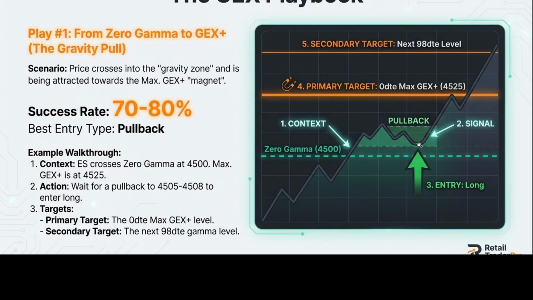When you see this and the price starts to go higher with good effort, you have to try to take a long position here. Why? Because we are in a positive gamma, the gravity pull. The price wants to go to the max positive gamma.